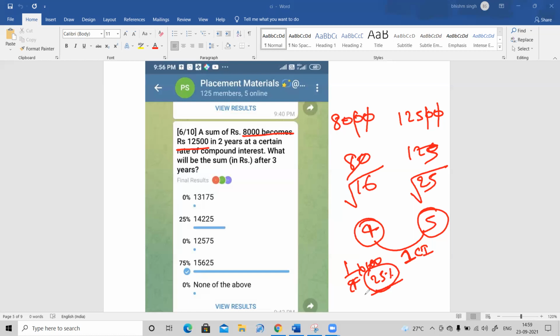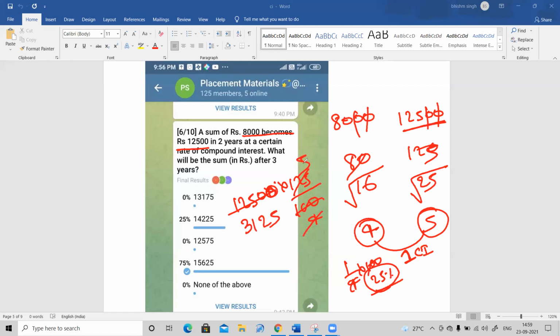So very simple, all of you. At the end of the second year, you have the total amount, and you can directly find 125%, because 25% extra, 25% is your interest rate. So this is 5, this is 4 here, and 4 threes are 12, carry 1, 4 twos are 8 plus 1... then 4 fives are 20.